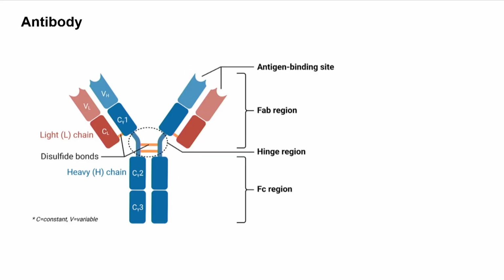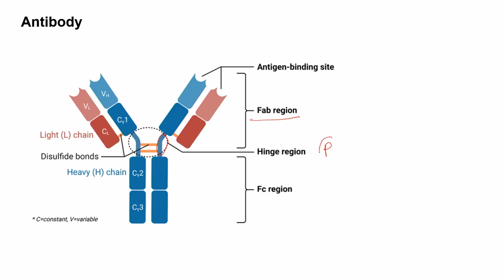As I said earlier, there could be a constant region and a variable region. Generally this fraction is called the FAB region. In between the CH1 and CH2 domains, we have a section that connects CH1 and CH2. This is called the hinge region, and if we look carefully at its amino acid composition, it is full of proline residues.